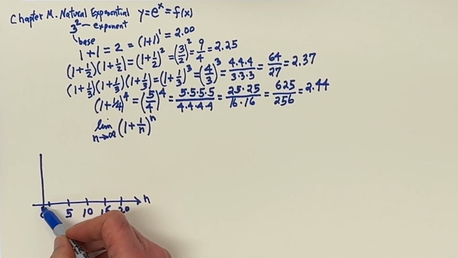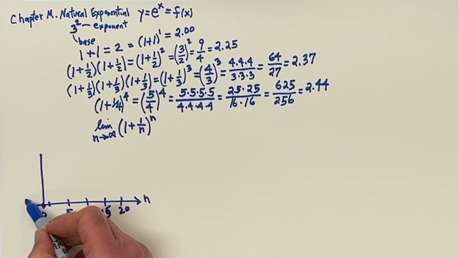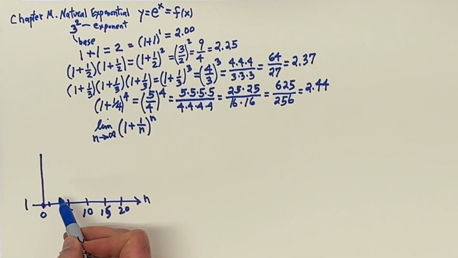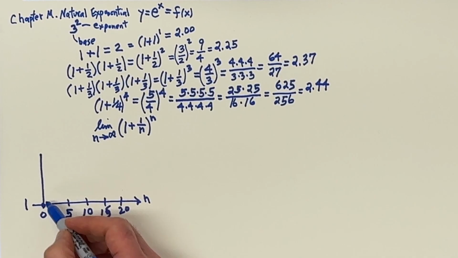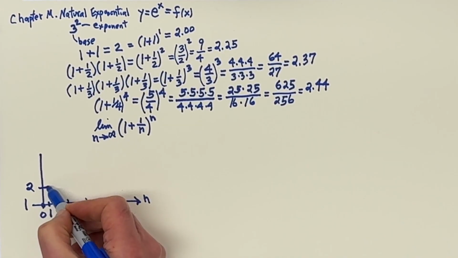Well, actually, if n is equal to 0, you would have no gain in your money. So actually, this ground line is 1. And then if you apply the interest 1 time, like every year, then you would have $2. See, so that would be, say, up here you'd have a 2. The graph would jump up to there.